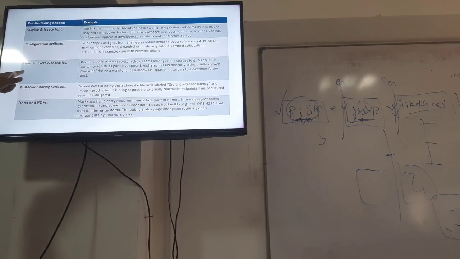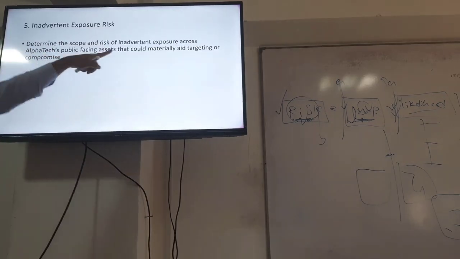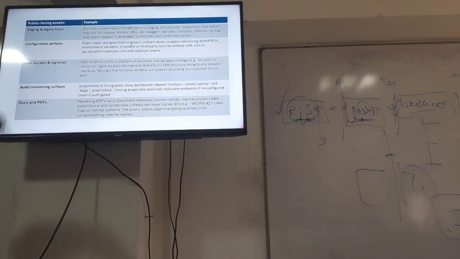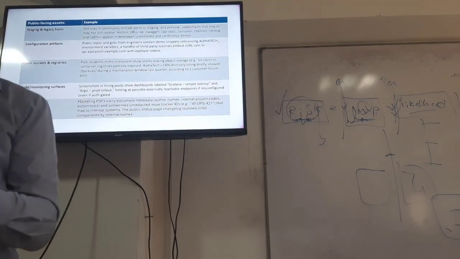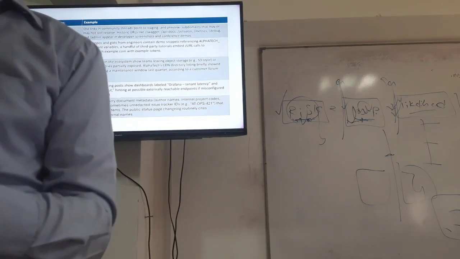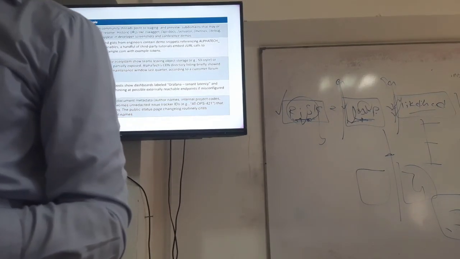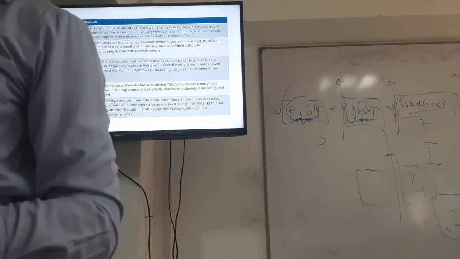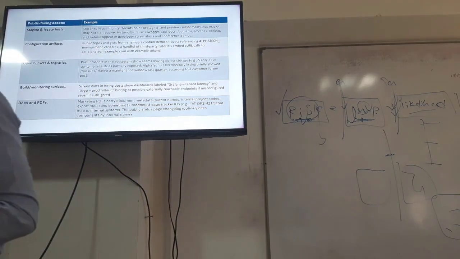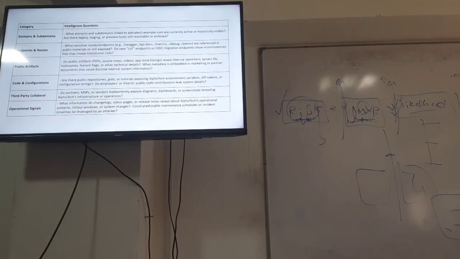It's basically from the intelligence objective. What are the public-facing assets? When you say public-facing asset, a document that you publish on your website is again a public-facing asset. Correct? Yeah. So these are what I would choose.